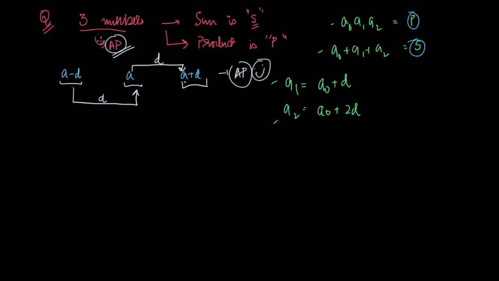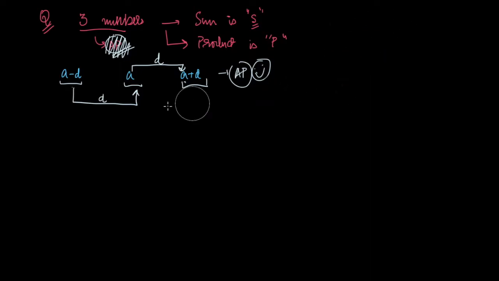Now that we have used this criterion, we need to ensure that the sum is S and the product is P. So why choose numbers in this format, as opposed to, say, the format of A, A plus D, and A plus 2D? We could also have thought of the numbers to be this.